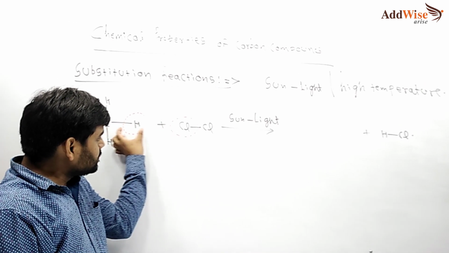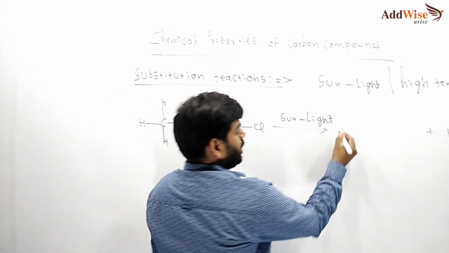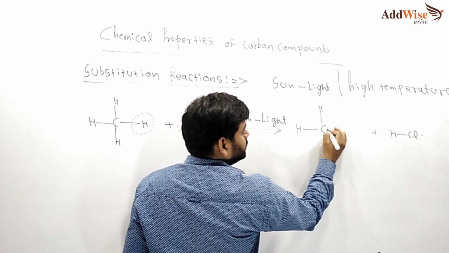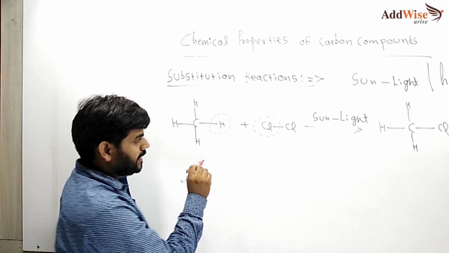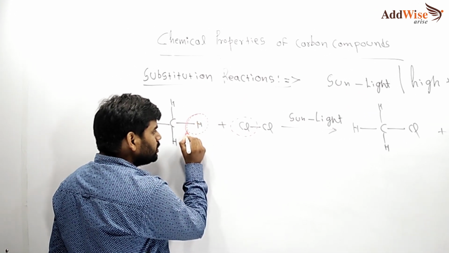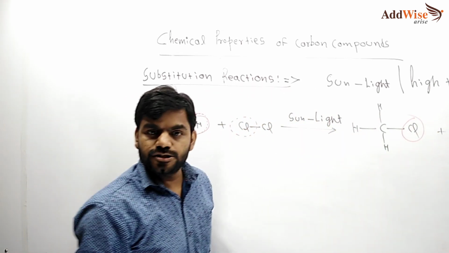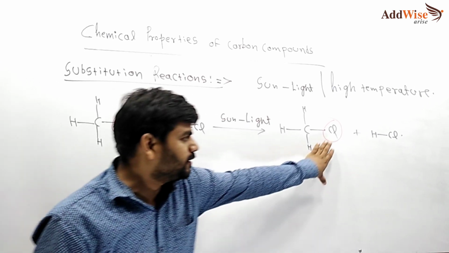Instead of this hydrogen, I can write chlorine. So here my product will be CH3Cl. This is a substitution reaction. During this reaction, a hydrogen atom is substituted by chlorine. Understood? So in substitution reaction, one atom is substituted by another.